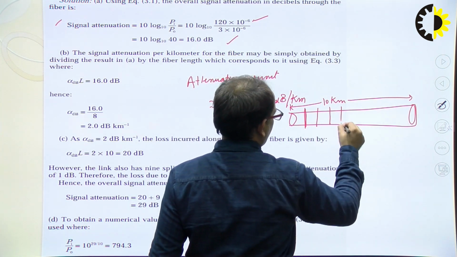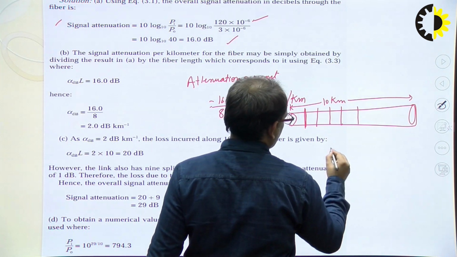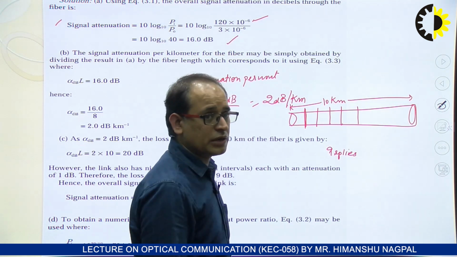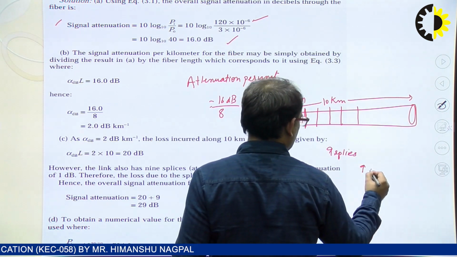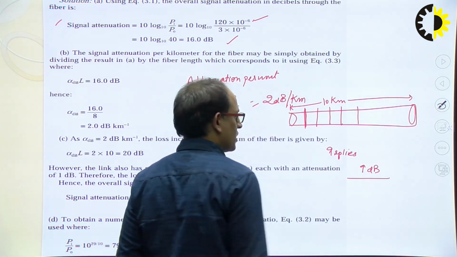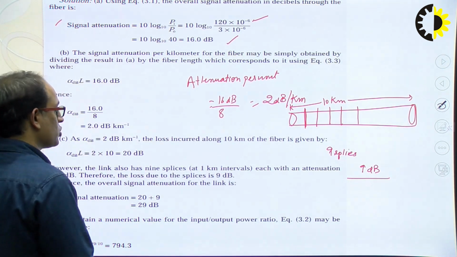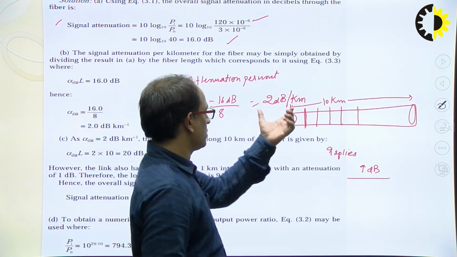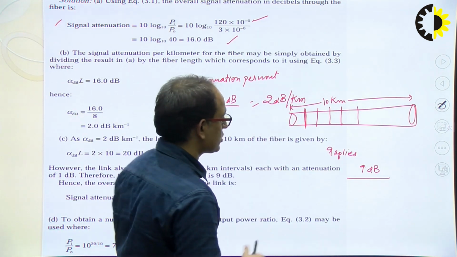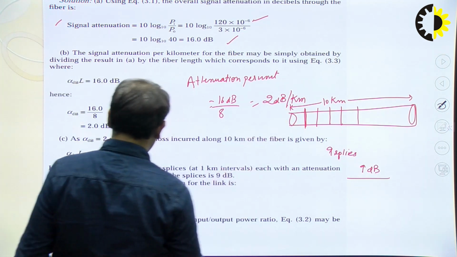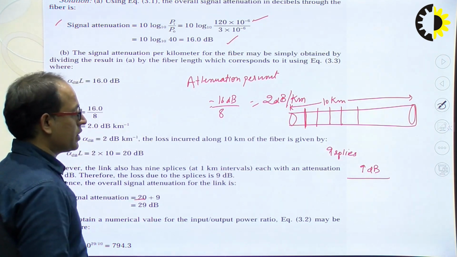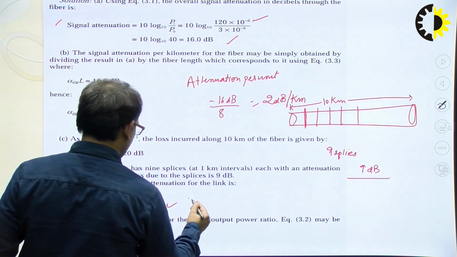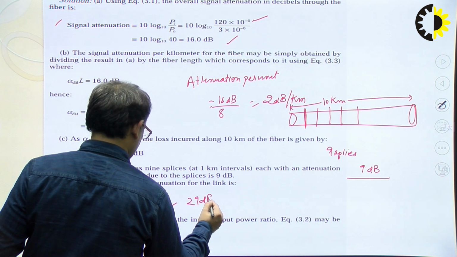So for a duration of 10 kilometer, we will use 9 splices, and each splice gives an attenuation of 1 dB. That means the total attenuation due to the overall splices is equal to 9 dB. As we have already calculated in the second part, the attenuation per kilometer is 2 dB, it means for 10 kilometer the attenuation will be 20 dB plus 9 dB attenuation due to the splices. That means the total attenuation will be 29 dB.